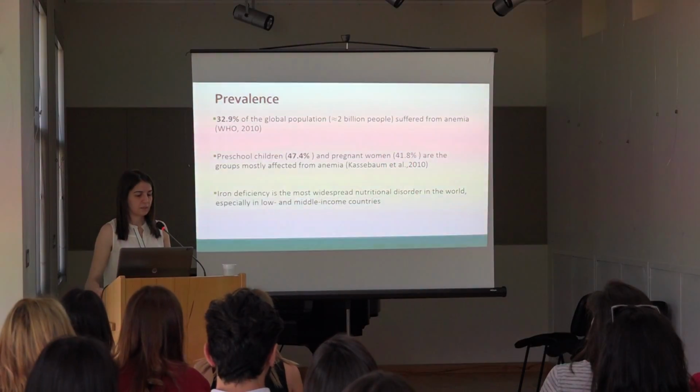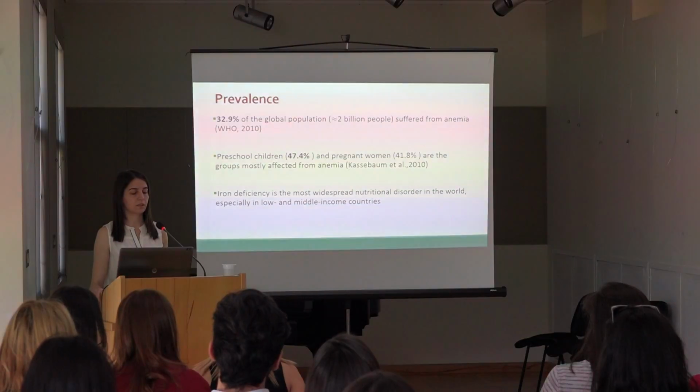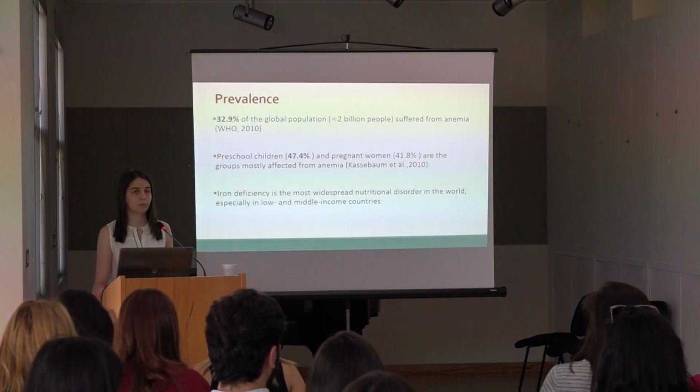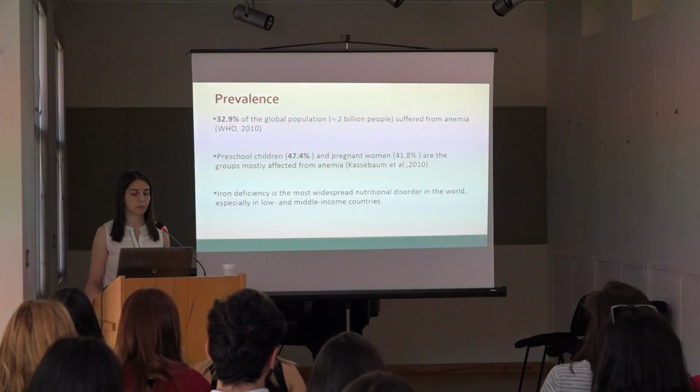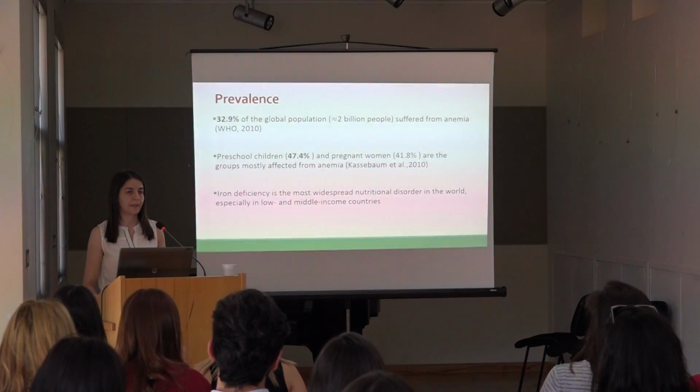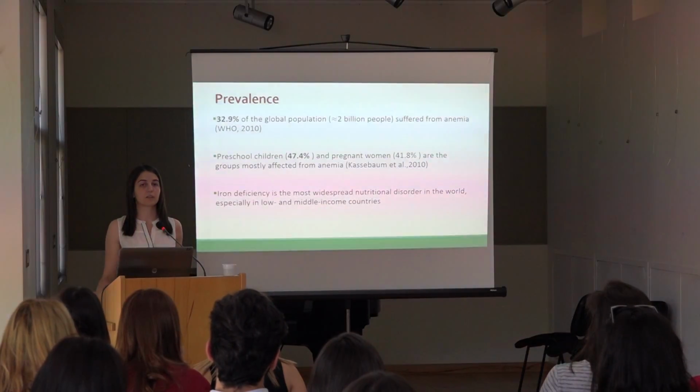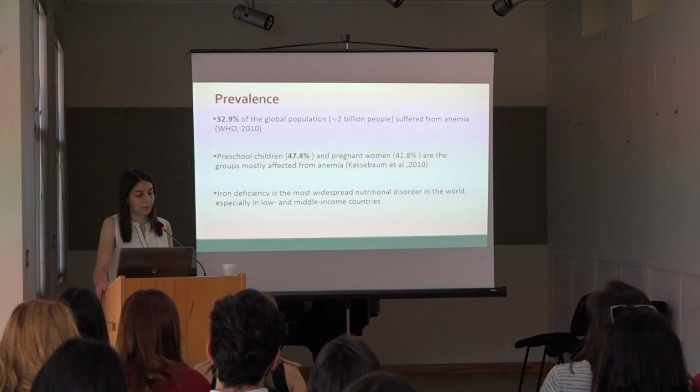According to World Health Organization's 2010 data, 32.9% of the global population, which is almost 2 billion people, suffered from anemia. And preschool children and pregnant women are the most vulnerable groups regarding anemia, and 47.4% of preschool children were affected by anemia.